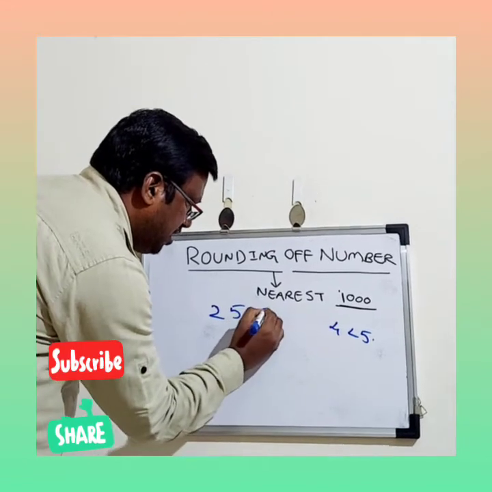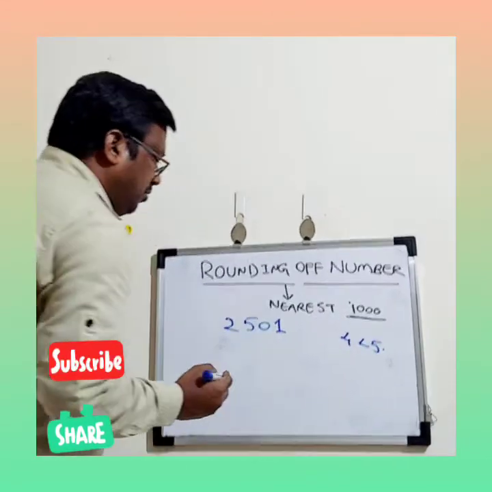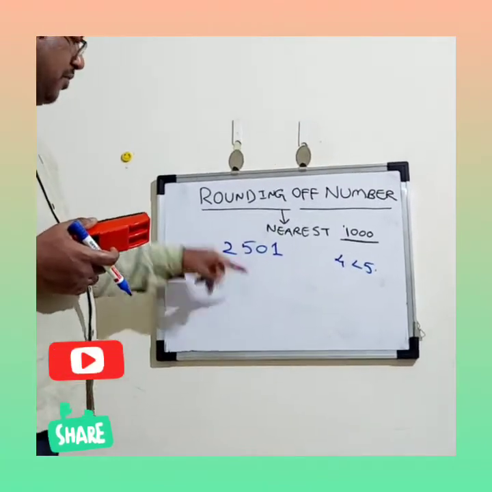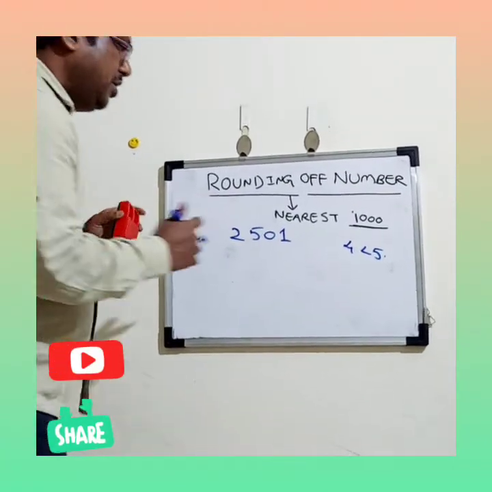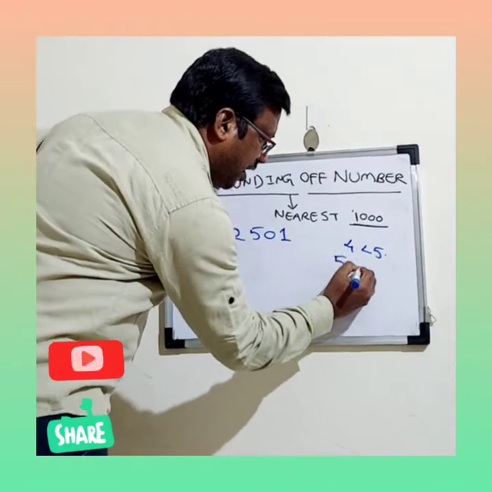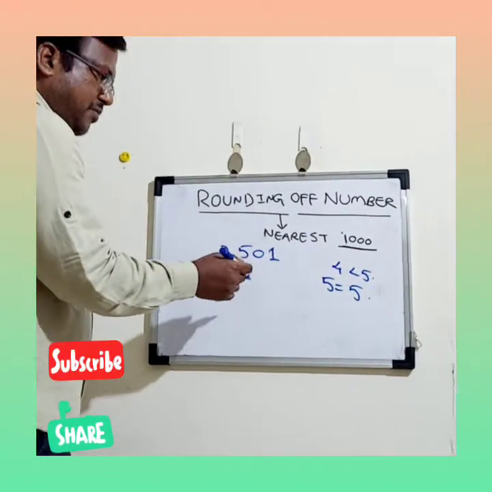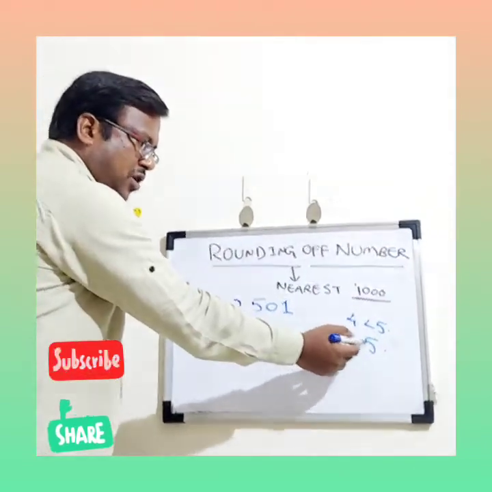2501. Here also the base comparison is on the 100 digit position, which is 5. So 5 is equal to 5. When 5 is equal to 5, it means this digit is not less than 5.